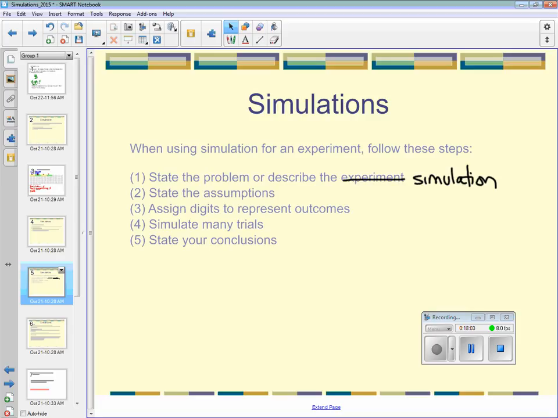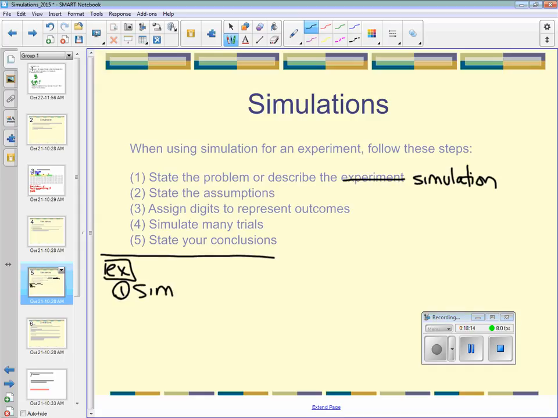So I'm just going to write underneath it the 5 steps that we would do. For our example, we're going to simulate a coin toss with 10 flips. All right, that's just what we're doing.